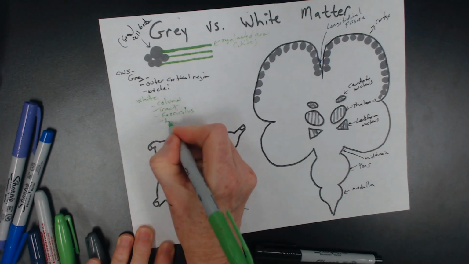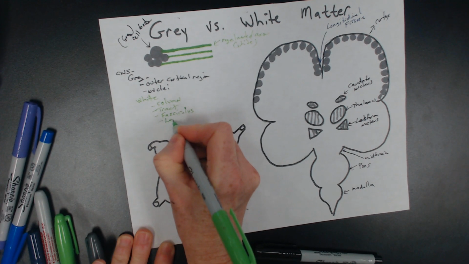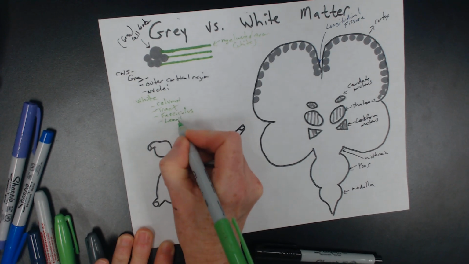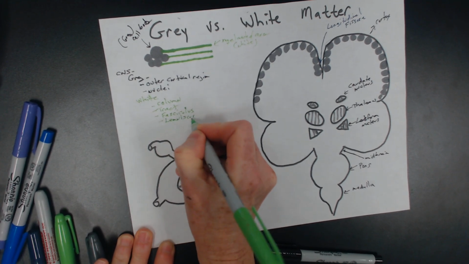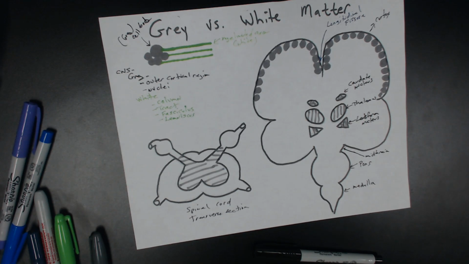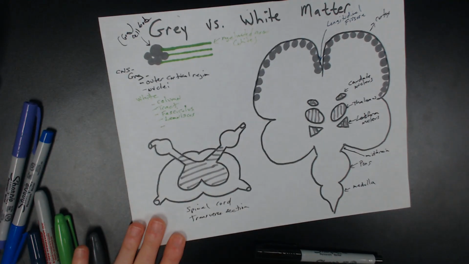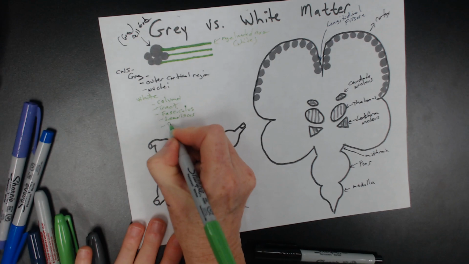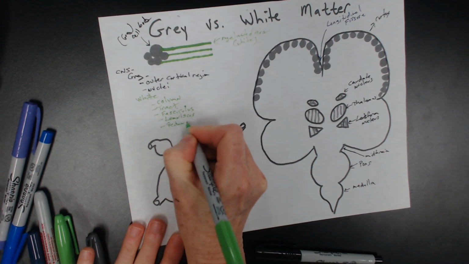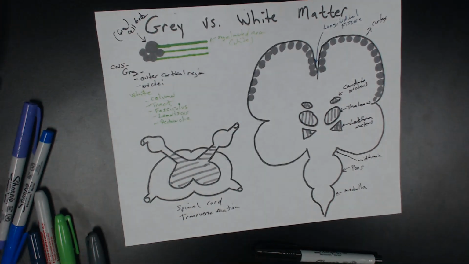You've already heard this word today, dorsal column medial lemniscus, L-E-M-N-I-S-C-U-S. Okay, a collection of white matter in the CNS. Peduncle. There's cerebral peduncles and cerebellar peduncles, P-E-D-U-N-C-L-E. Peduncle, collection of white matter in the CNS.